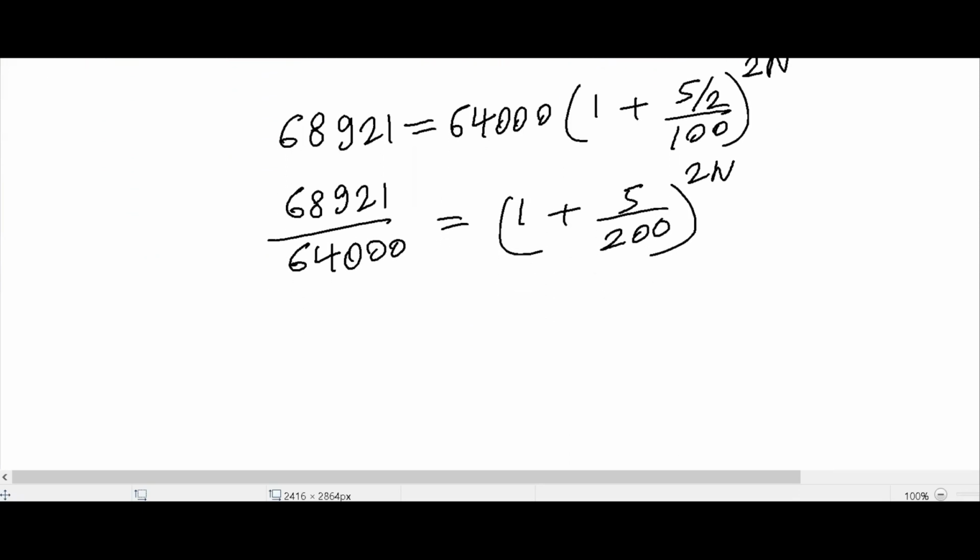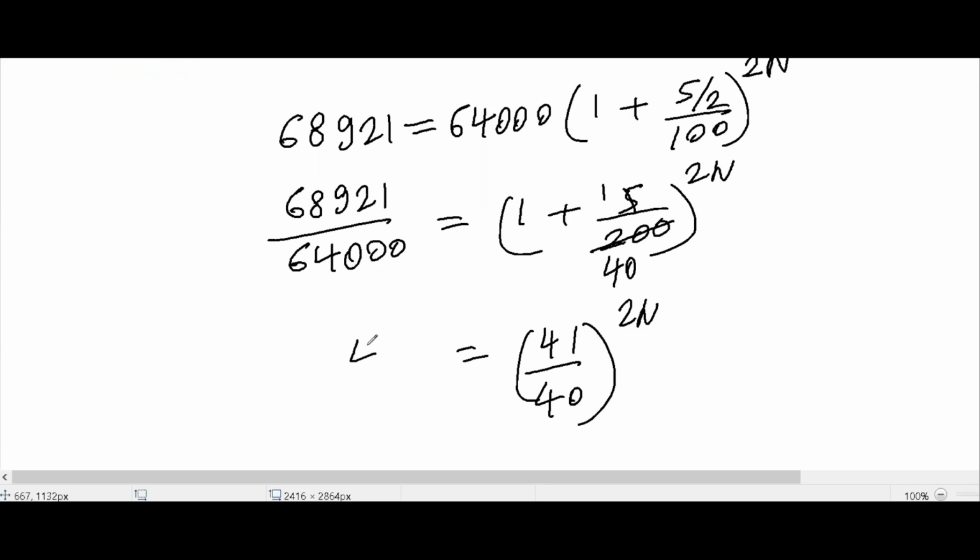Here 5 ones are 5, and 5 fours are 20, so it will be 41 upon 40 whole to the power of 2n. So when you solve this, you will again get 41 by 40 whole to the power of 3.